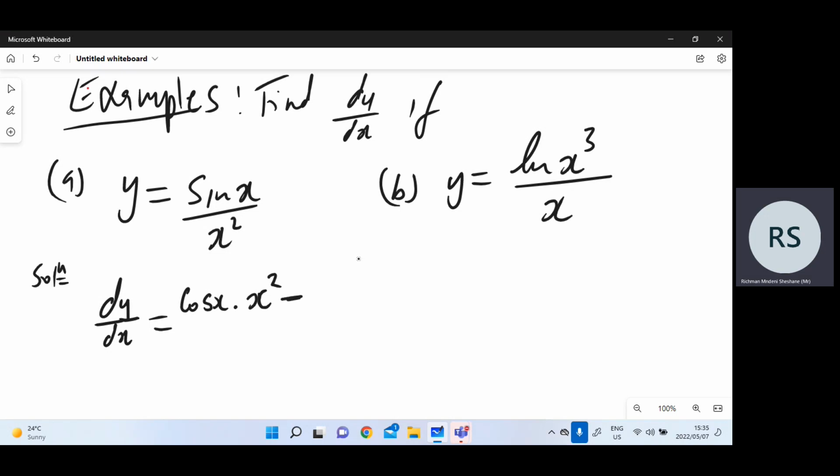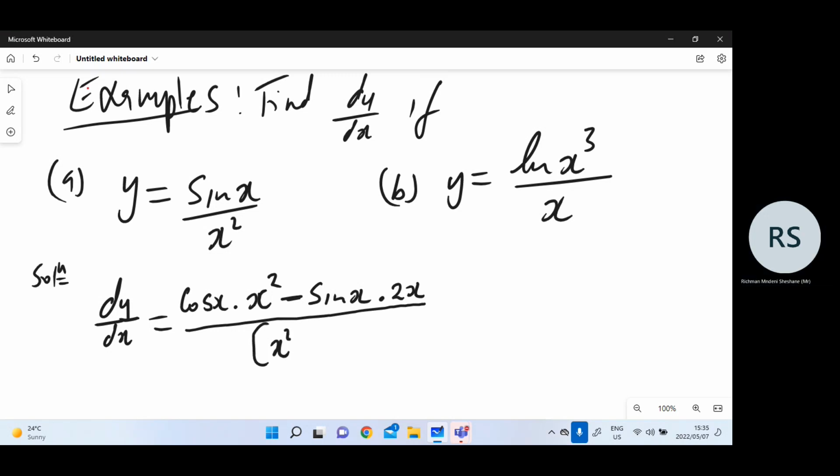And minus, leave the numerator function and derive the denominator function. I checked the formula that I gave you for the quotient rule: denominator function squared. Okay, so again, let's repeat this.